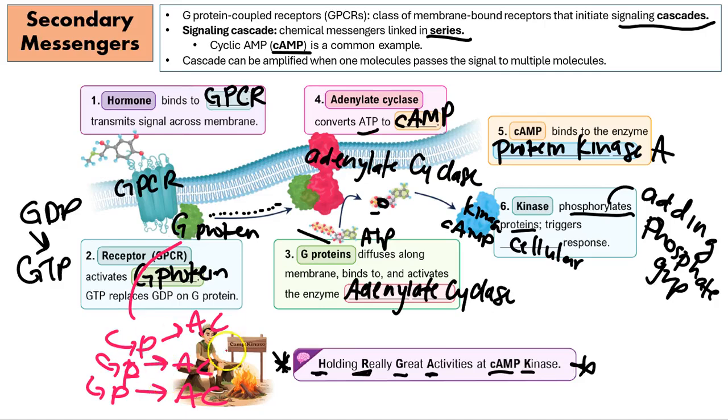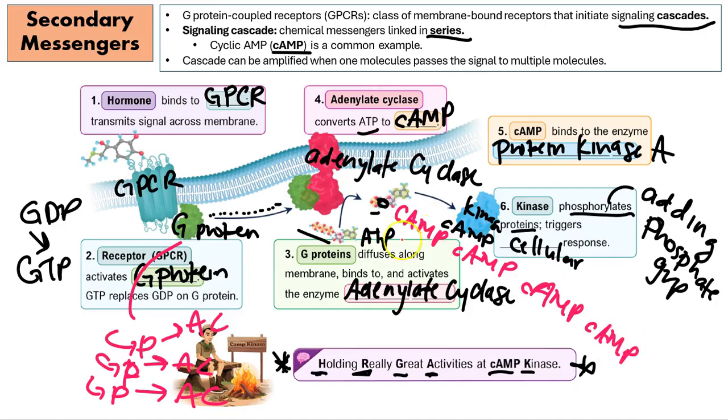Now the G proteins, because they specifically have to bind to adenylate cyclase, there's not going to be any amplification with G protein itself. If I make 5 G proteins because of the activation from the GPCR, then those 5 G proteins will then bind to 5 adenylate cyclases. Okay? But once you get to adenylate cyclase, well, guess what? It has the ability to make several cyclic AMPs. So we can have one, you can have another cyclic AMP.